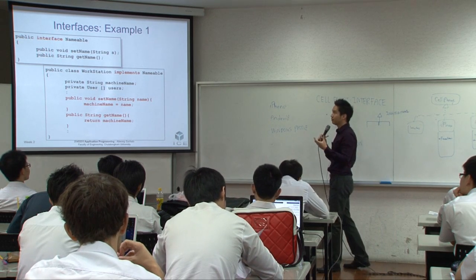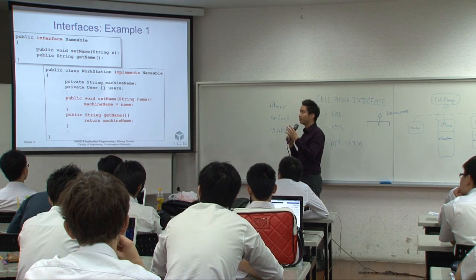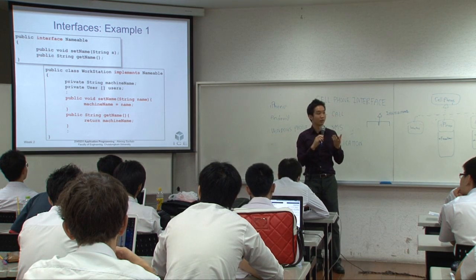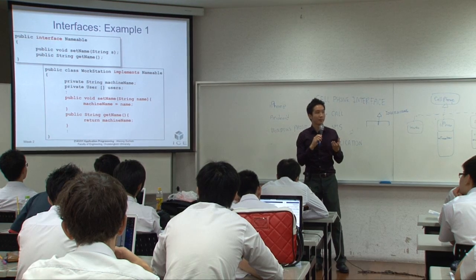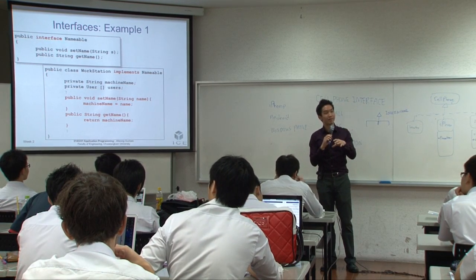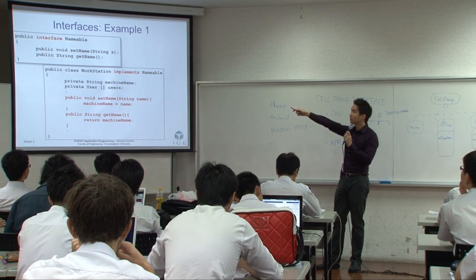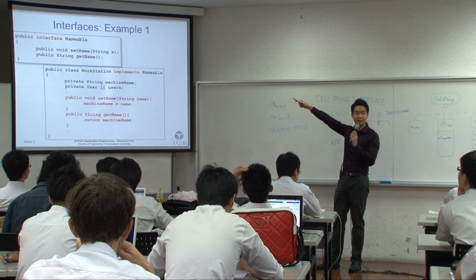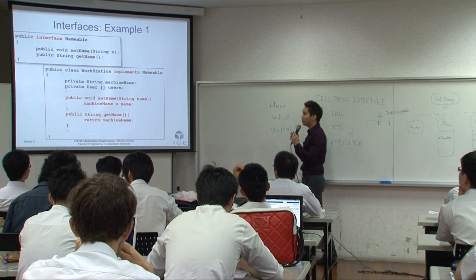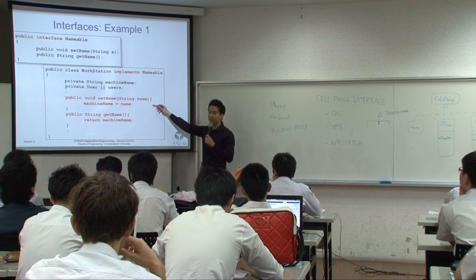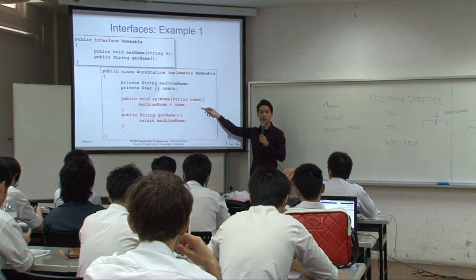So how do we implement this in a concrete class? Let's say that we have a workstation class that we want to be able to name. Then you would just use the keyword implements down there, implements nameable interface. And then you, as a class developer, are responsible for implementing these two methods.